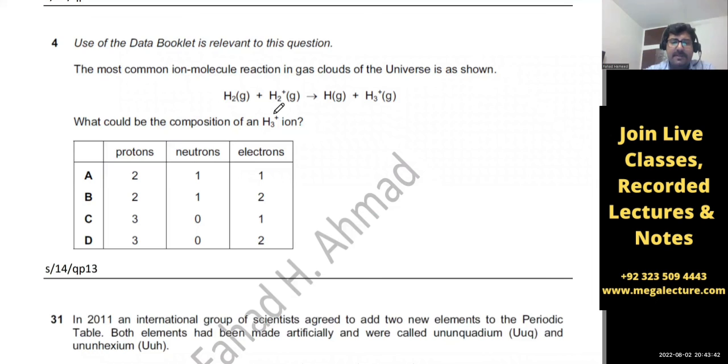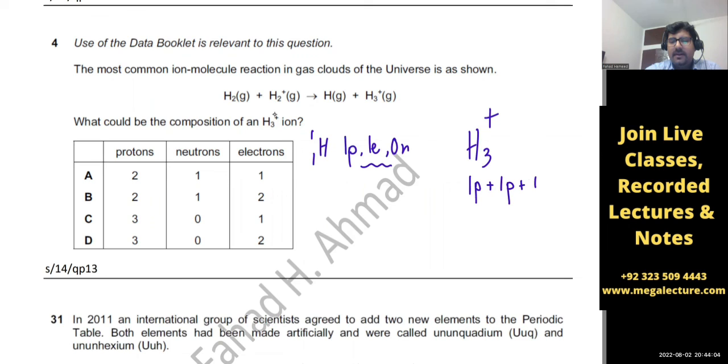What could be the composition of H3 plus 1, right? तो पहले तो H की क्या composition होती है? H is 1 1, right? So that means it's got one proton, it's got one electron, and it's got 0 neutrons, right? So that's what H is. तो इसमें 3 H है. इसका मतलब है कि there's going to be one proton, another proton, and another proton, right? अच्छा, neutrons सारों के पास 0 होंगे.